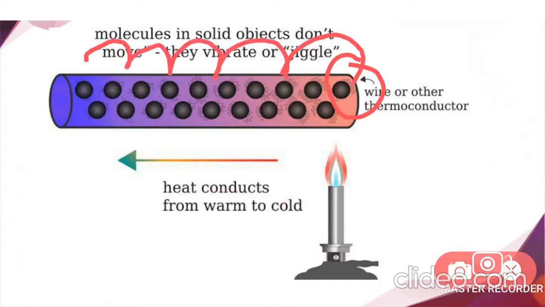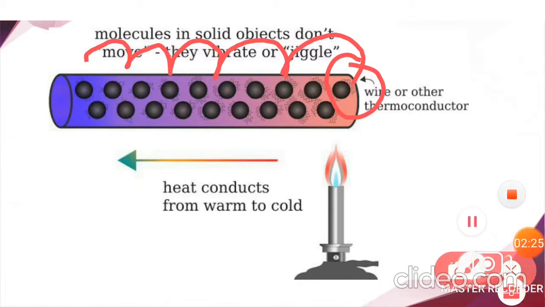Understood? So without particles traveling from one place to another place, they simply transfer the energy from one particle to another particle. Here particles just vibrate about their mean position and keep on passing heat energy to the neighboring particle.